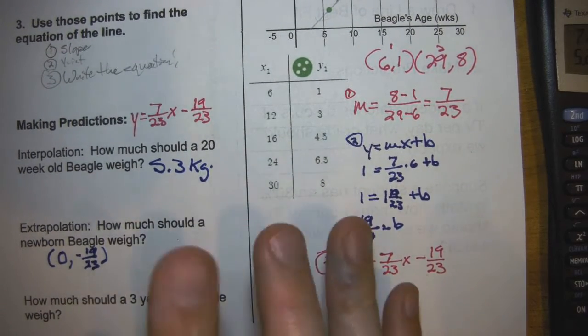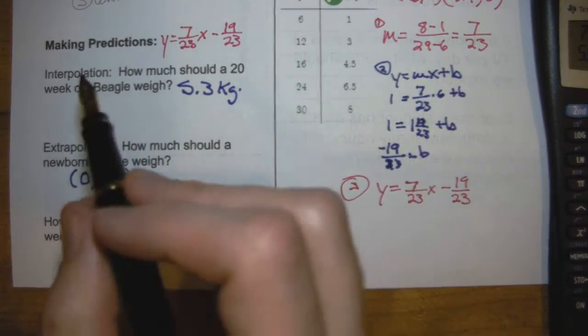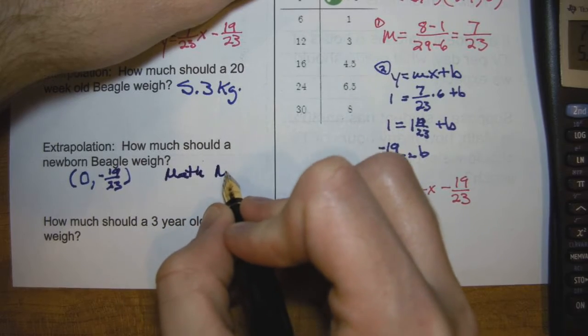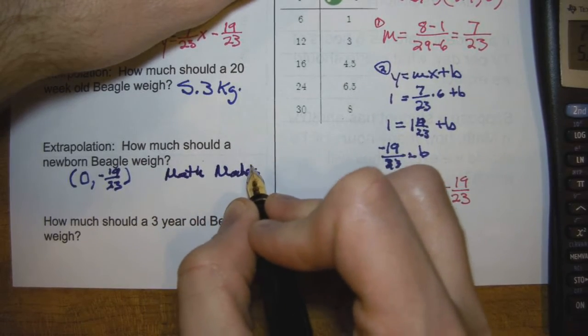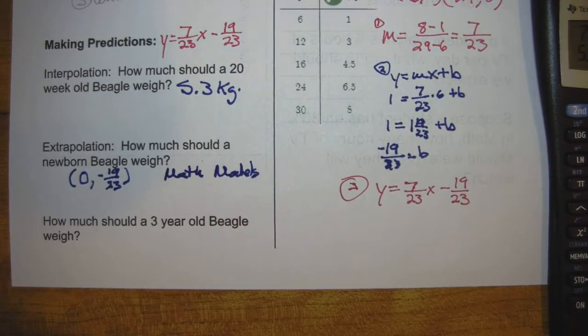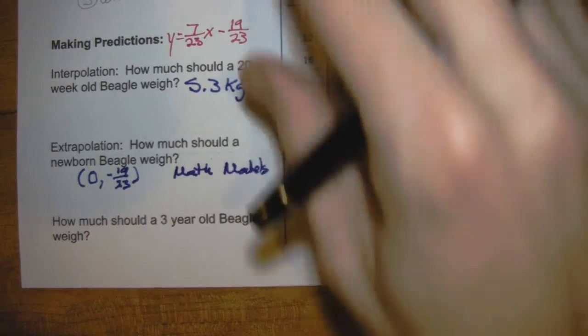Oh, goodness. Well, remember what we talked about last time about mathematical models. Sometimes mathematical models don't always work. And in this case, let's look at our graph again.